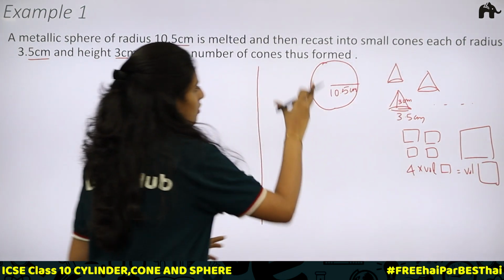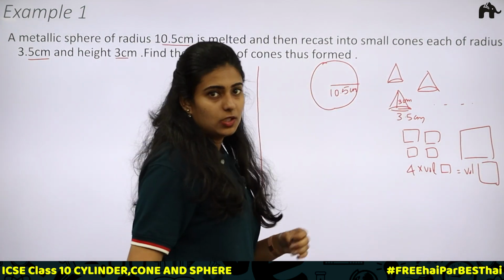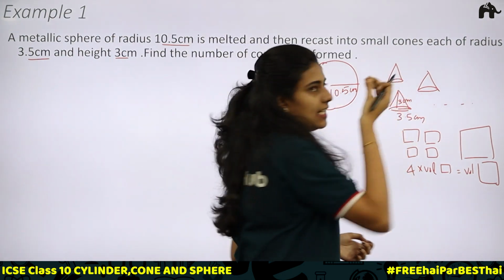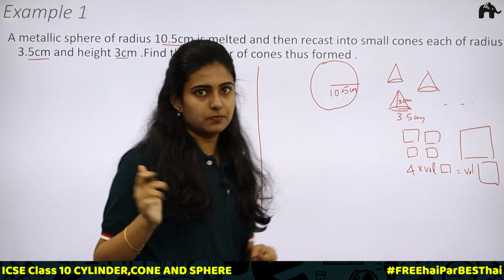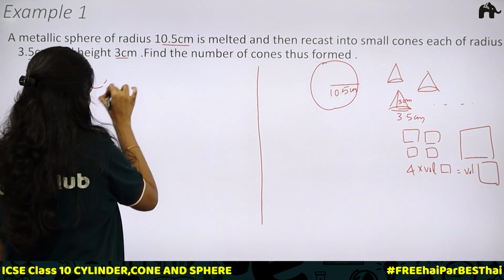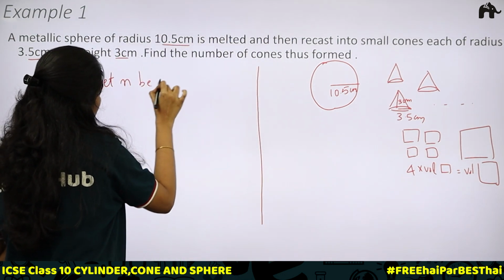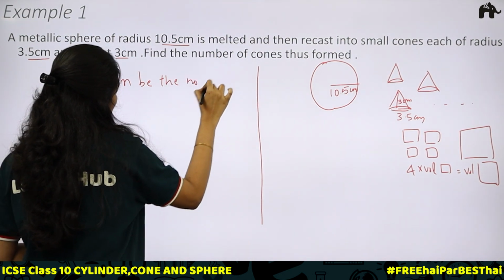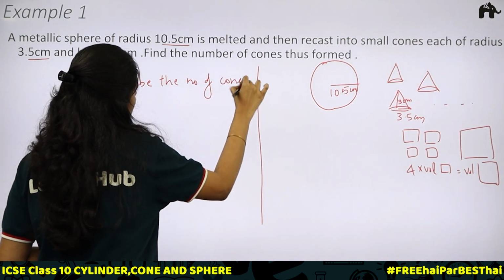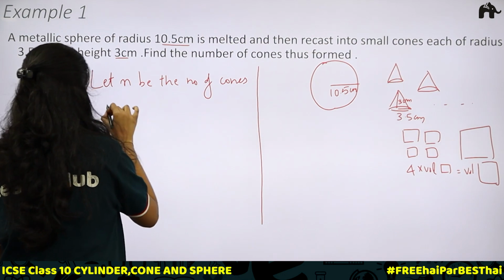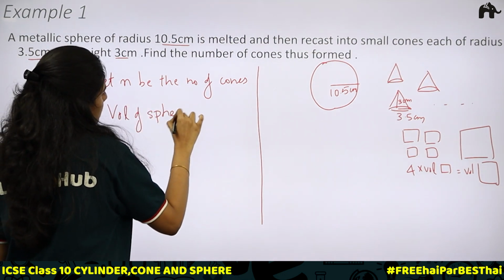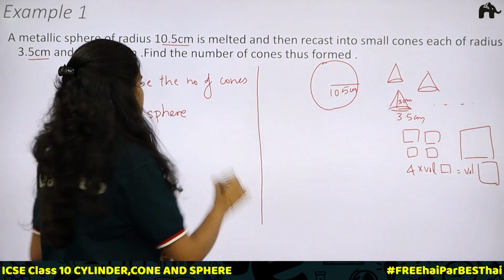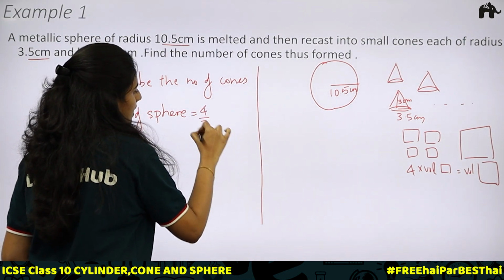Same here, the volume of the sphere will be equal to, we don't know the number of cones, we'll take it as n into the volume of smaller cones. Let n be the number of cones.